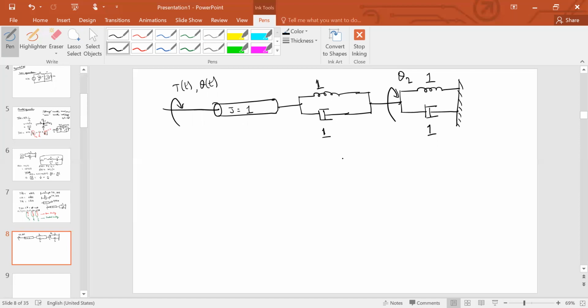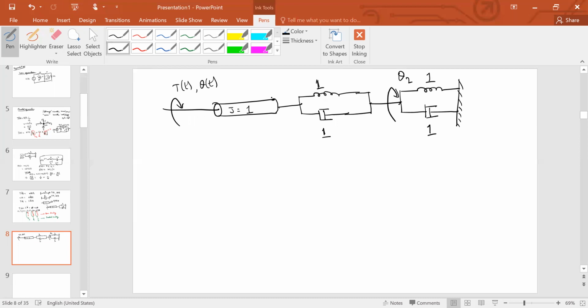So straight away, without much thought, I might write the equation for this first part. Let me call the rotation of this fellow theta 1, at this point, and let this remain theta.